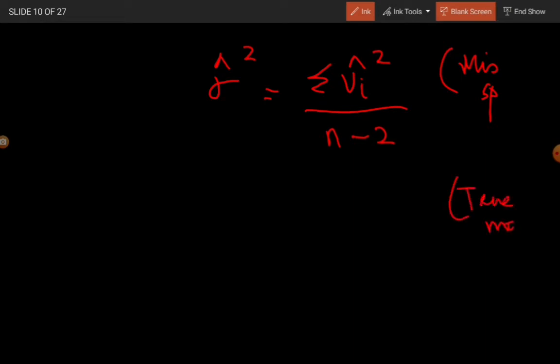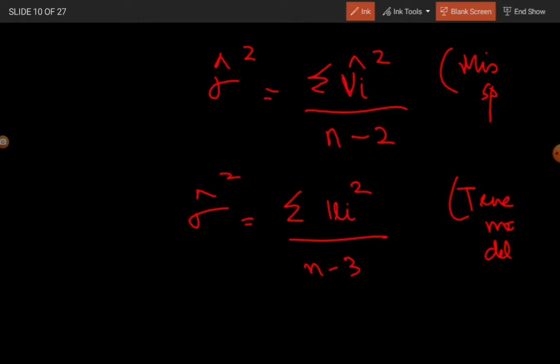remember we have a true model, our sigma hat square would be summation ui square divided by n minus 3, because you're estimating three parameters, beta 1, beta 2 and beta 3, and hence you lose 3 degrees of freedom.